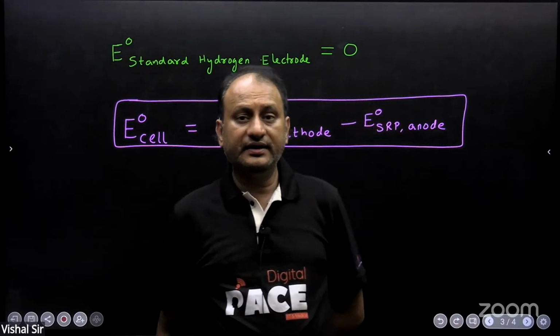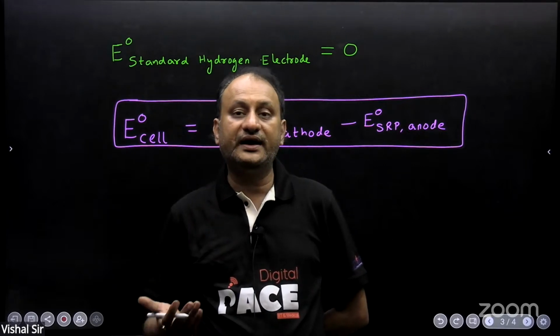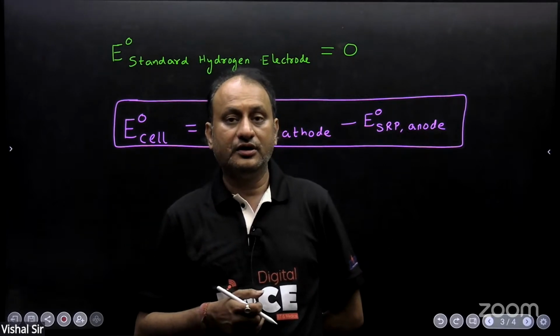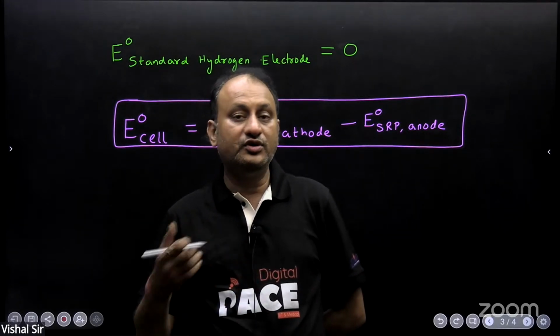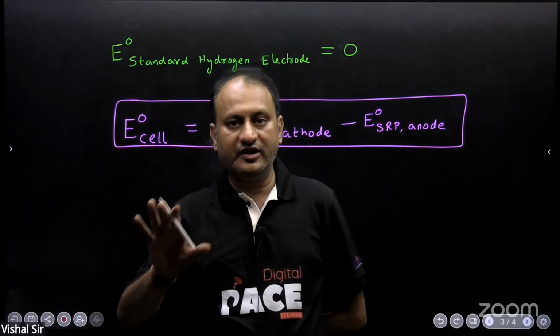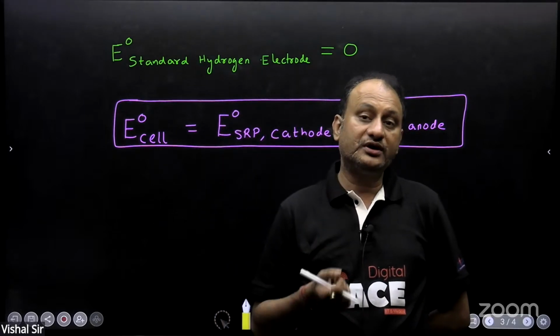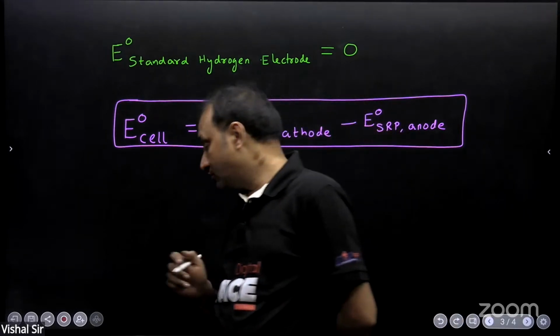Now there might be this confusion in many of your minds that what will be cathode and what will be anode? How will we decide who is cathode and who is anode? E naught values will be given to you in the problem. That data will be given. But how to decide which is cathode, which is anode?